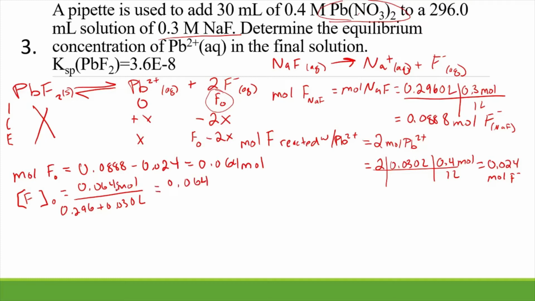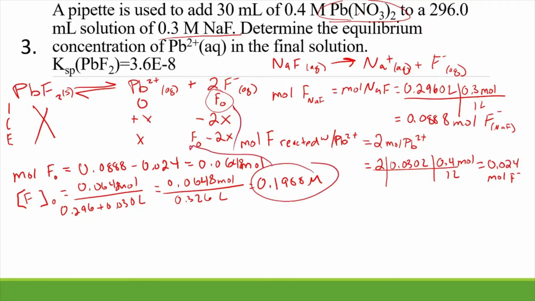Oops, it's 0.0648 moles divided by 0.326 liters, and you get 0.1988 molar. So now we have that to add in for F0.